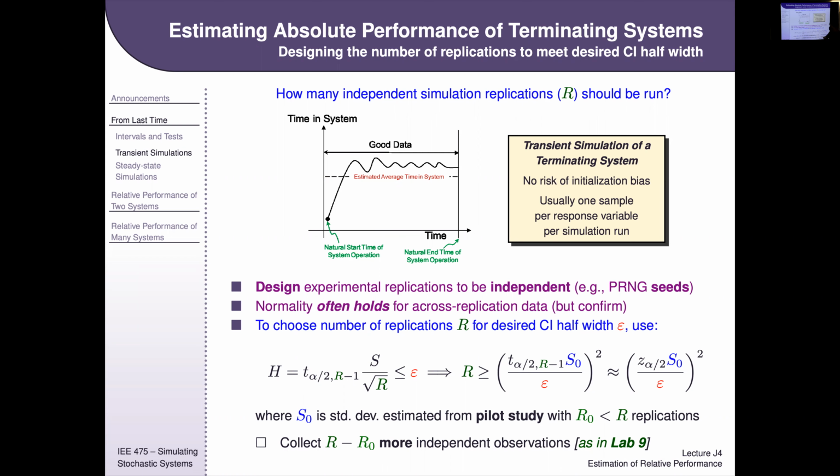Once you have that, you've already run R naught replications, so you just run whatever the balance is, pool all those together, and then hopefully that will be within the epsilon half width. If it's not, you run a few more replications until it is, but this at least gets you in the ballpark. So that's the simple way to choose how many replications.